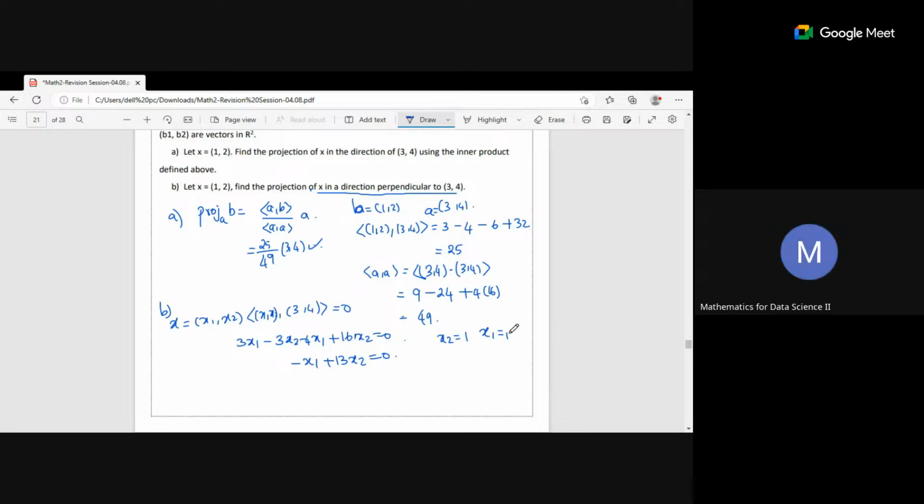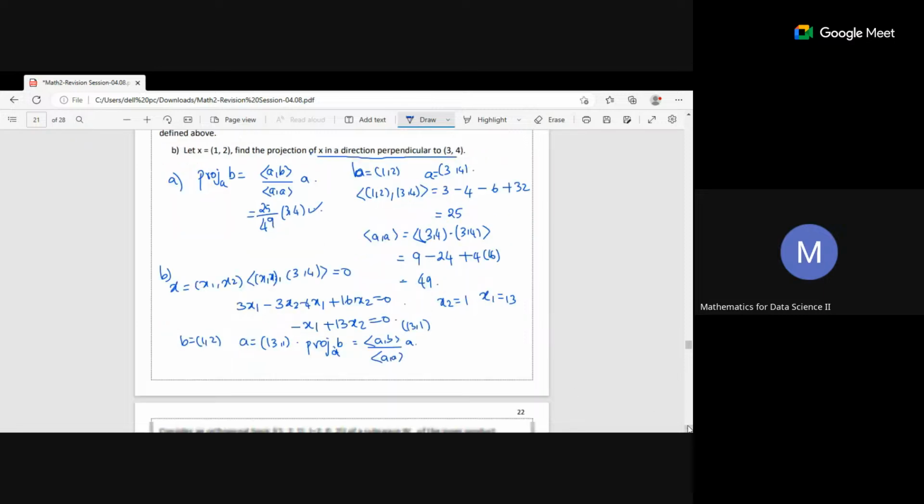13. So your vector is along the direction 13 comma 1. So it means your B is still 1 comma 2 and your A is 13 comma 1. Now you have to again use the same formula, projection of B onto A: inner product A comma B by inner product A comma A, into A. You want me to complete this one?